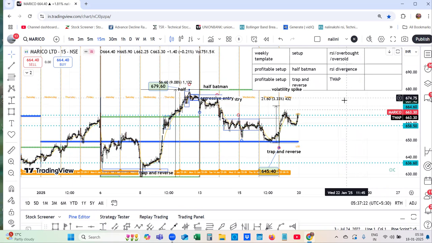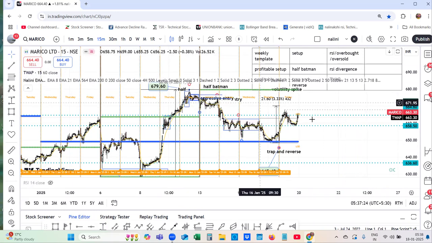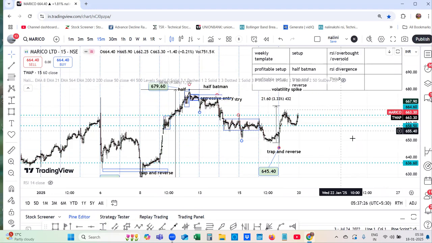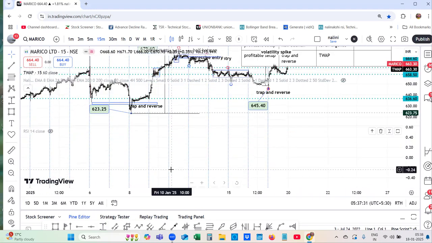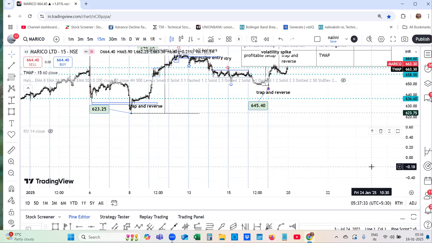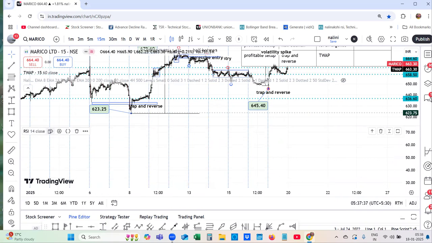So let me disable this weekly template so that there will be clarity on the chart. Let me enable RSI for this trade.